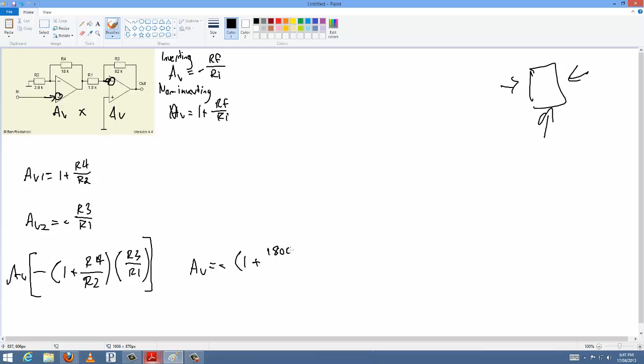R4, 18,000 on 3,900 multiplied by 62,000 on 1,500.